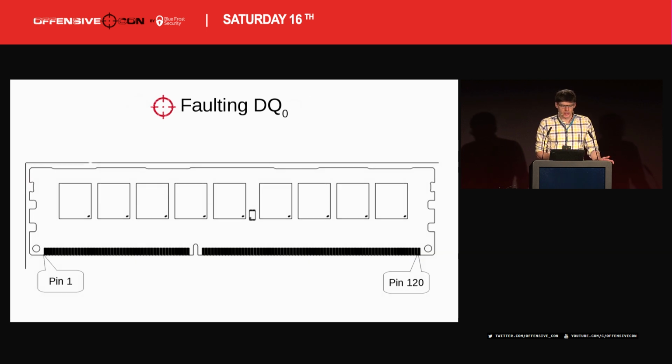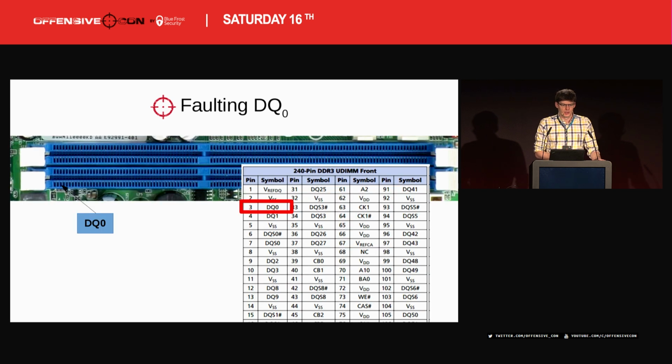It's easy to get the pin number. Again, this is a standard interface, and you can also find some of these numbers on the PCB itself. So we know where pin 1 is. We can easily locate, even on the motherboard, where DQ0 stands, where the signal that we want to fault is.